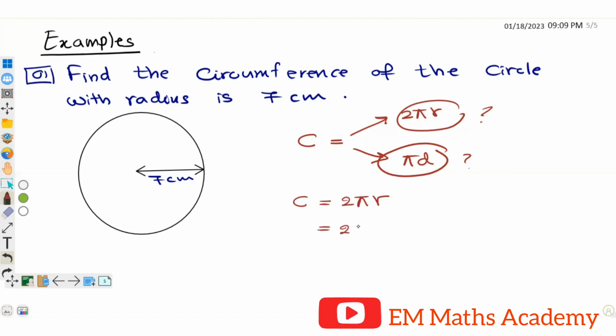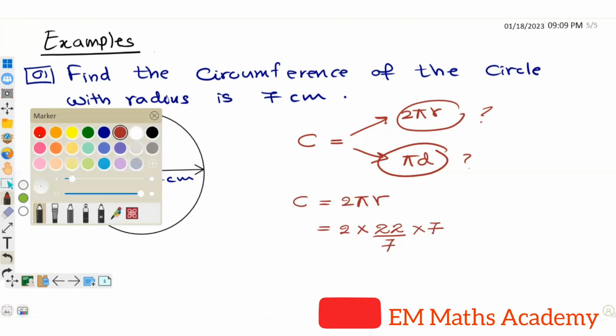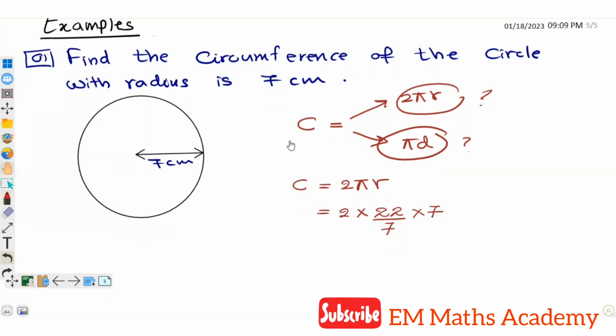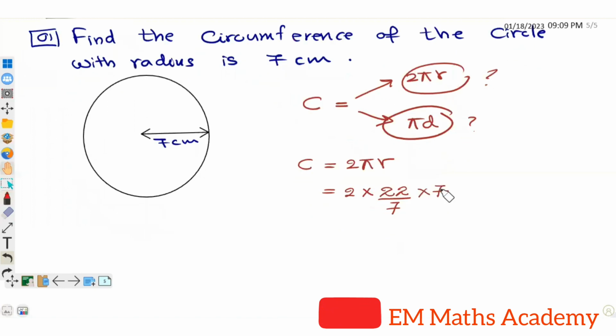Now I told you 2 times that when we solve the question, pi is substituted by 22 upon 7, times R is substituted by 7. Okay. Remember that when we simplify this kind of expression, we can cancel the factors.